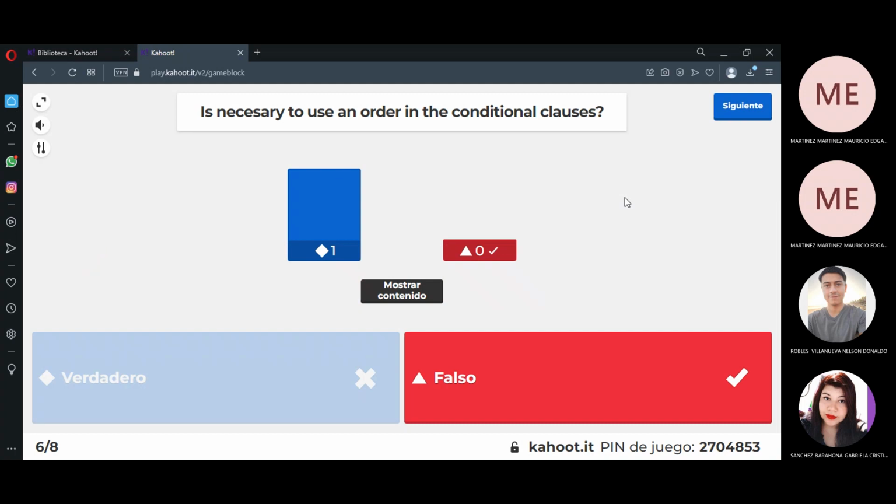Okay, is it necessary to use a comma in conditional clauses? No, because we can change the position of the clauses without changing the meaning. So let's move on.